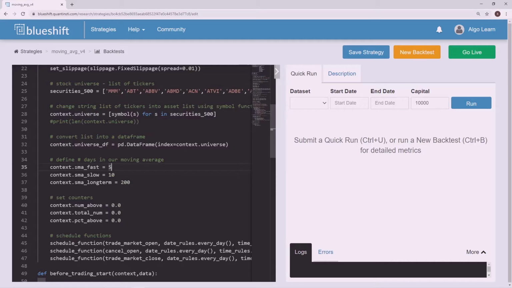So I'm going to rename this to day_1_ago. We're basically going to look at yesterday's close, so we're going to call that day_1_ago.